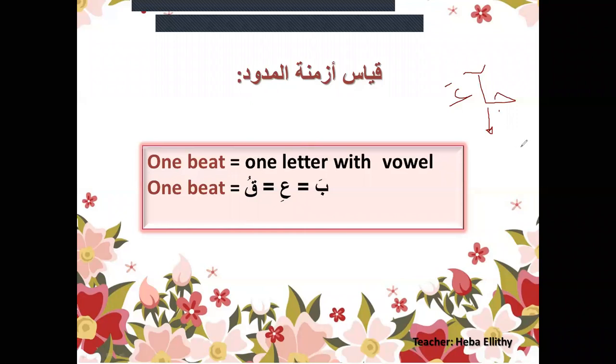For any 4 letters with haraka, I will write ba, ba, ba, ba, 4 times. 4 times equals 4 beats. Let's see together how we read this word. Ba, ba, ba, ba, jaa. This is how I count it.